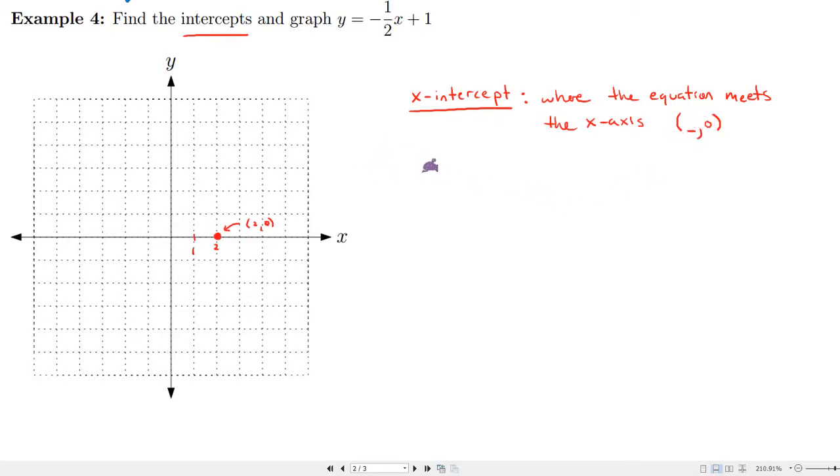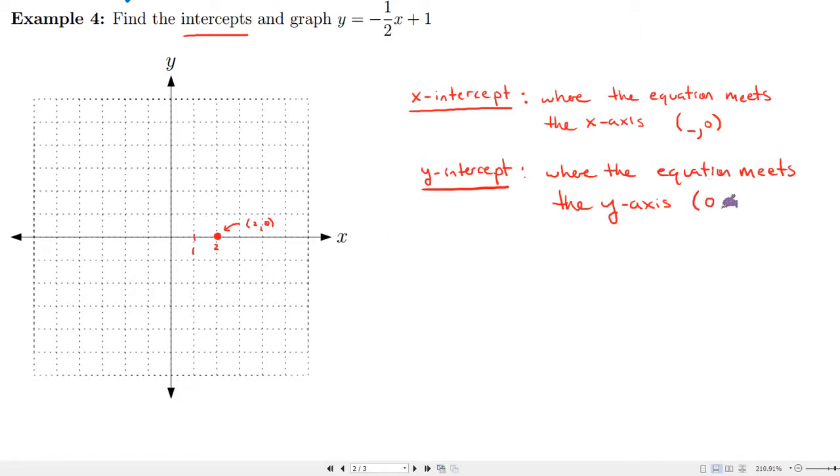Okay, and same thing with a y-intercept, except it's where the equation meets the y-axis. And there, you'll notice that the x values are 0, but the y values are changing. And so you can use this strategy to actually figure out where they are.